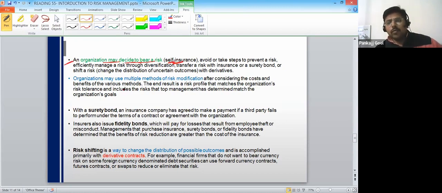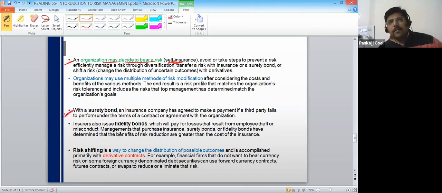Or what they can do, they can just transfer that risk. It means they can go with some insurance arrangement and shift that risk. For example, they can buy a surety bond. In a surety bond, an insurance company says, okay, if the third party fails to make the payment, then we will pay you. So that is a surety bond.